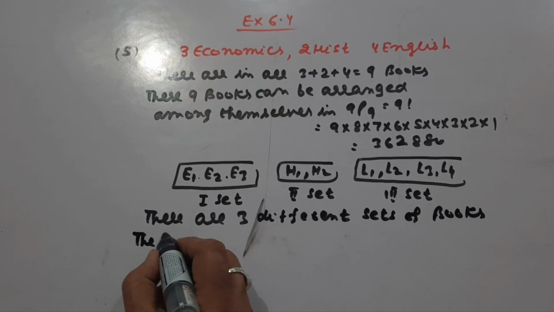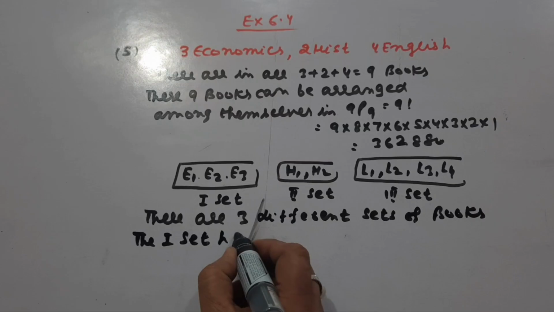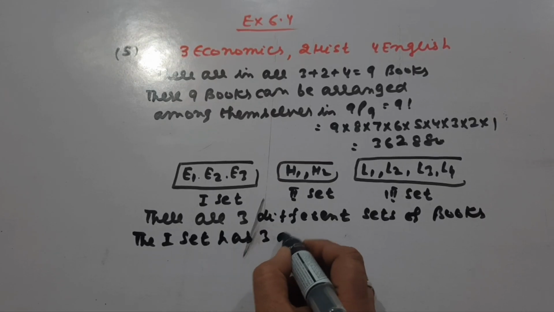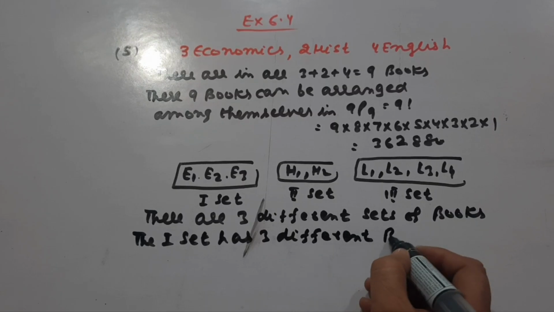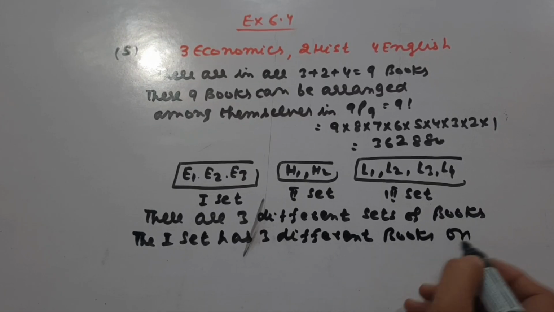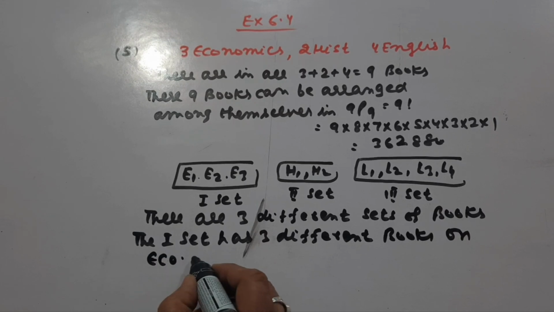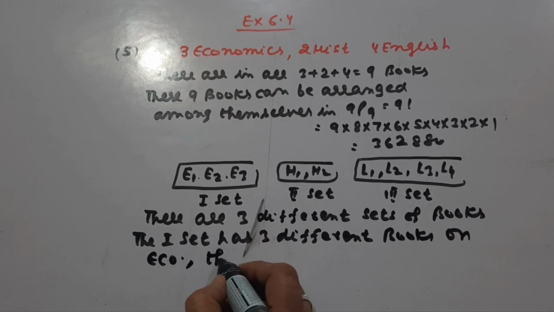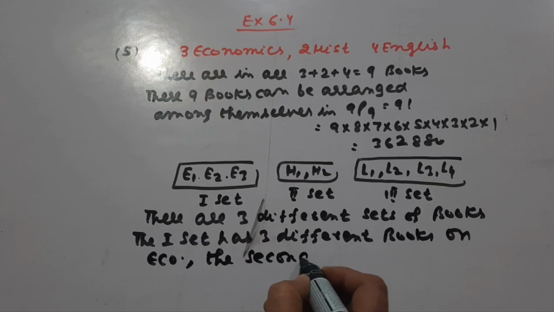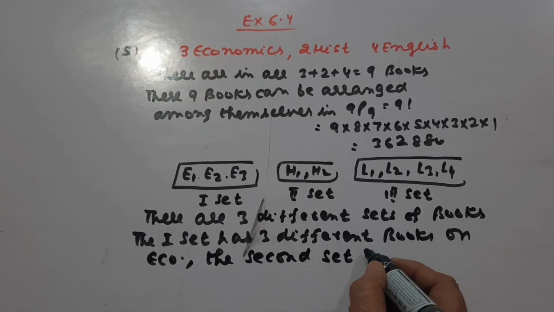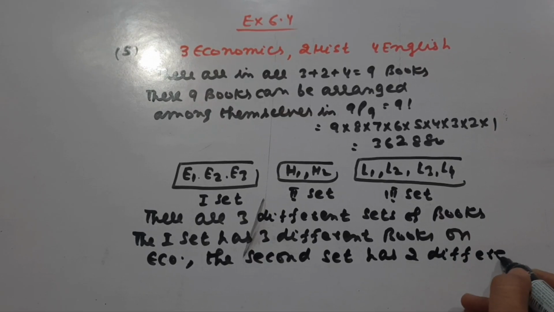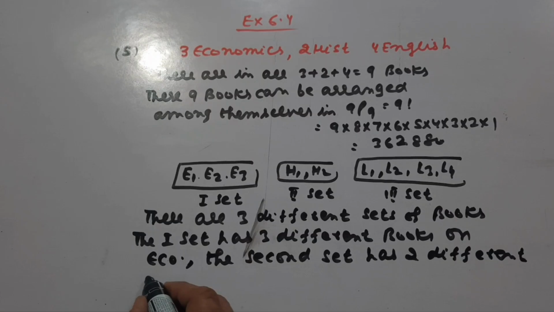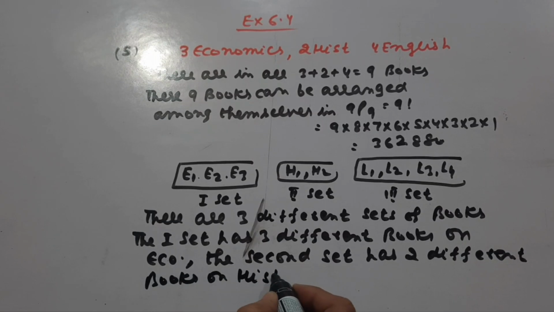The first set has three different books on economics. Second set has two different books on history, right?